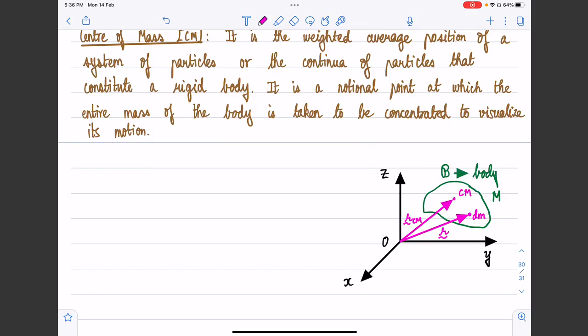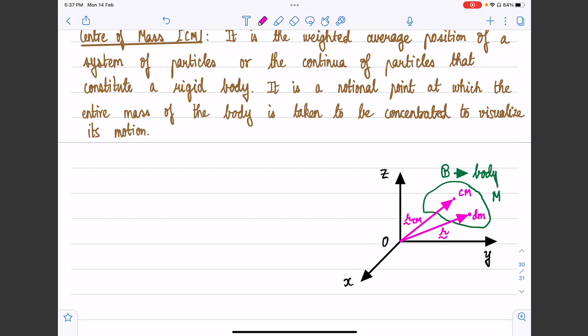I consider an arbitrary body in three-dimensional space, whose total mass is capital M. We take an infinitesimal mass dm in this rigid body, and let's say the position vector of that infinitesimal mass is r, and let rcm indicate the position vector of the center of mass of the body. Okay, so these are the two entities that we are going to be interested in.